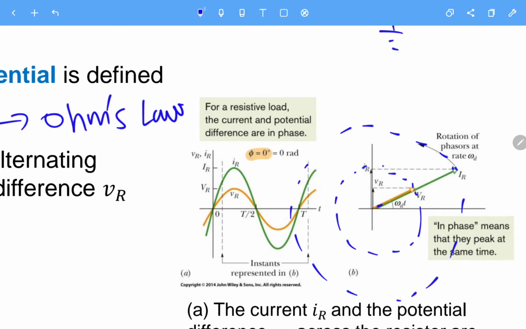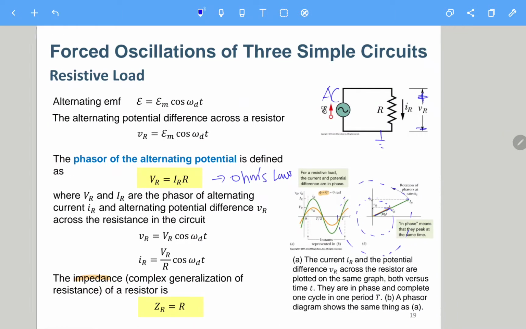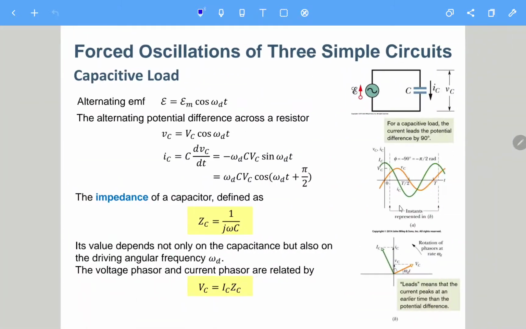This VR and IR are rotating, pointing in the same direction at each moment. How fast they rotate is related to the angular frequency omega d t. So yeah, this is the simplest case for the resistor. It looks so stupid, only writing some trivial things.